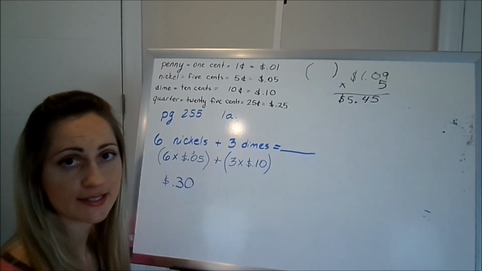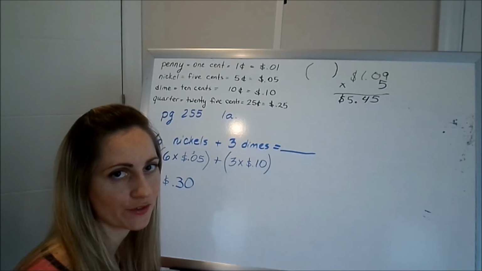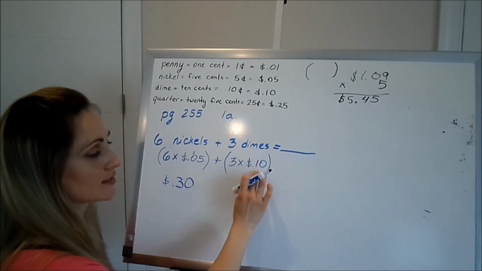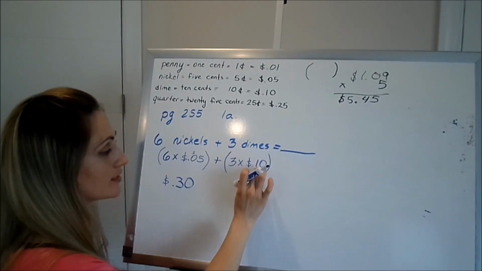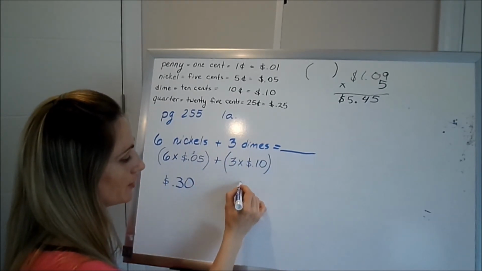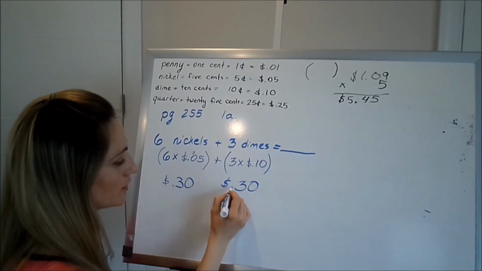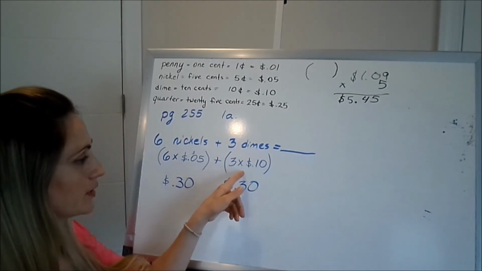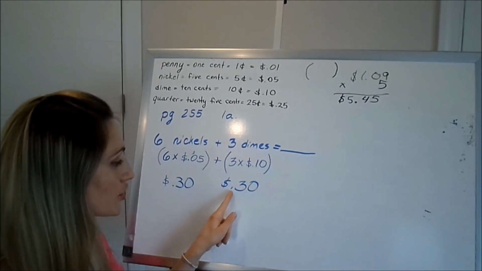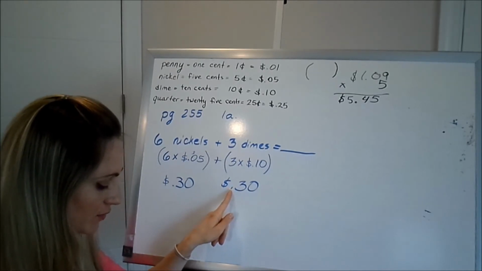And then 3 dimes. I bet you could figure this out in your head. 3 tens. 10, 10, 10 is another 30. There it is. Don't forget your $ sign and your decimal point. 3 dimes is not $30, it's 30 cents. Don't forget your decimal right there.